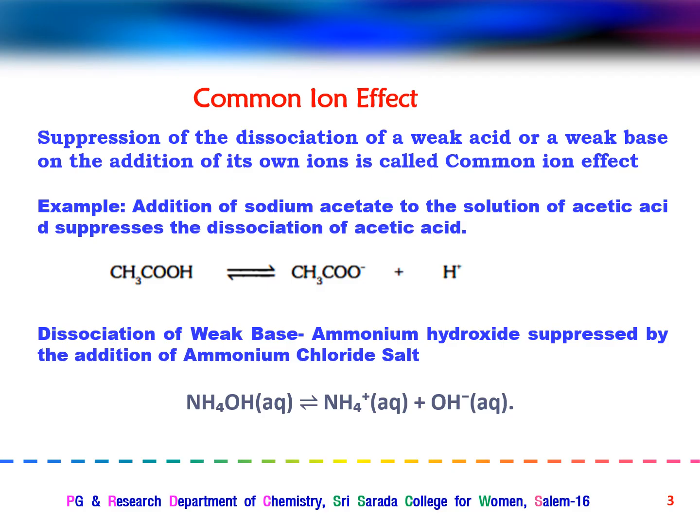Similarly, the addition of a strong base, for example sodium hydroxide, supplies more number of OH minus ions. So here it also pushes the equilibrium to the left and suppresses the dissociation of ammonium hydroxide.